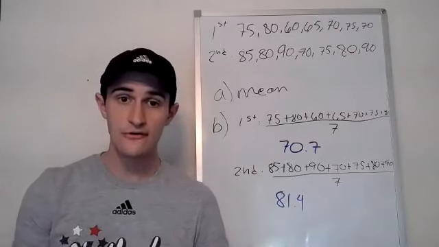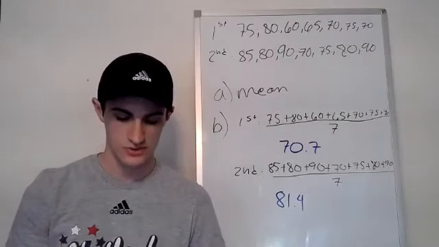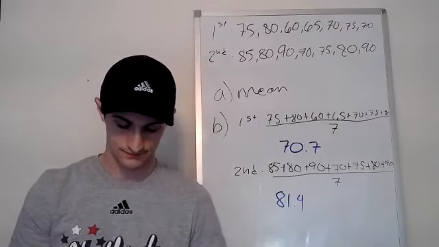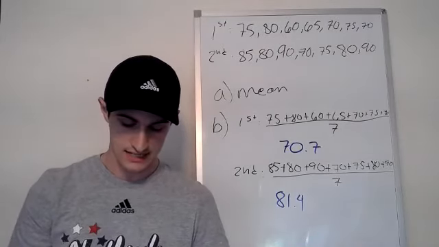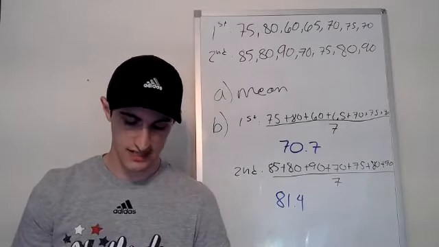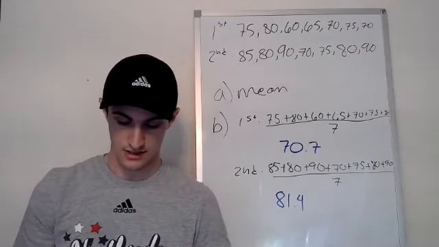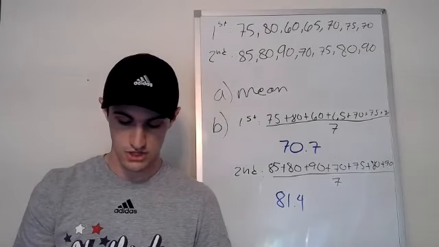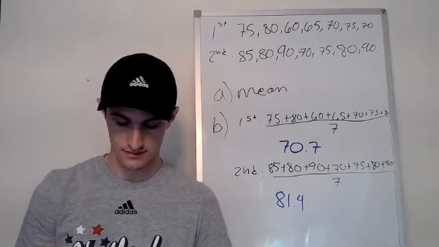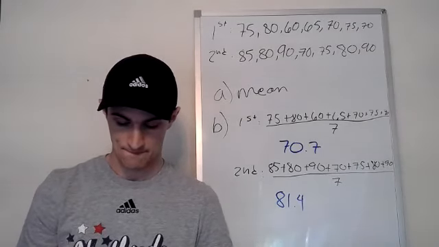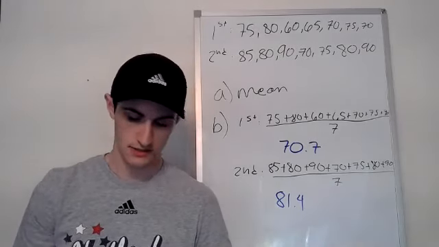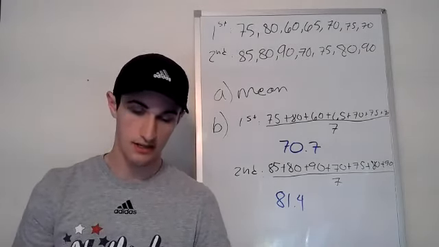Remember, if there's an outlier, you have to use the median. Okay, and 10 through 13 actually tell you what to do: use the mean, use the median, use the mean, use the median.